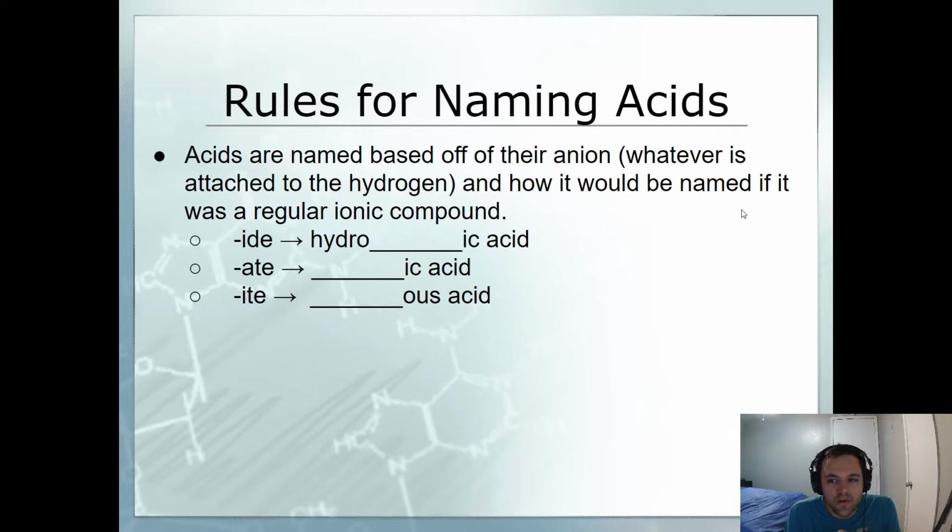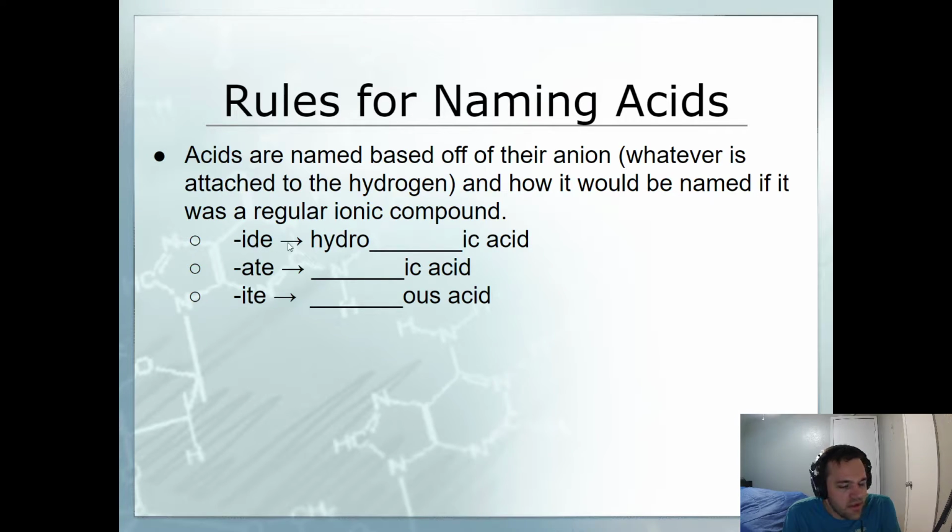All right, when you are naming acids, there's basically three different formats they can take. Their names are all based off of whatever their anion is. So whichever is the element or the polyatomic ion that is attached to the hydrogen, that's what you're going to be naming it after.